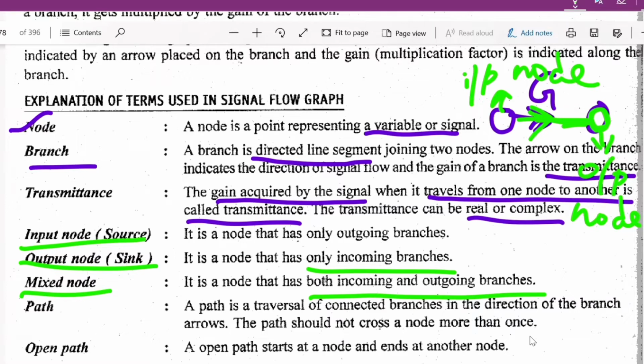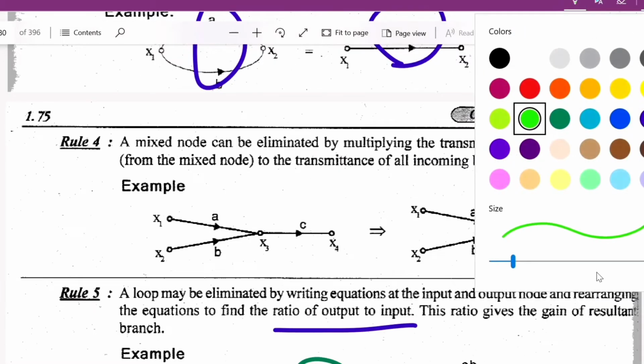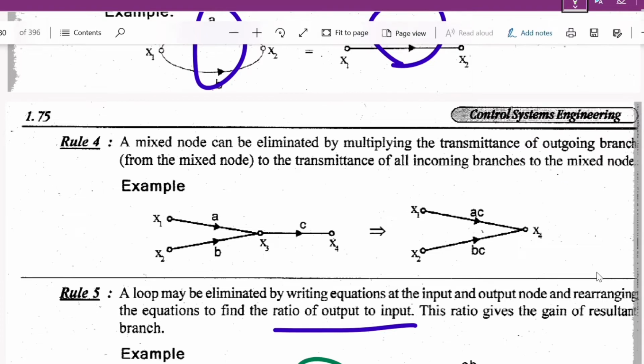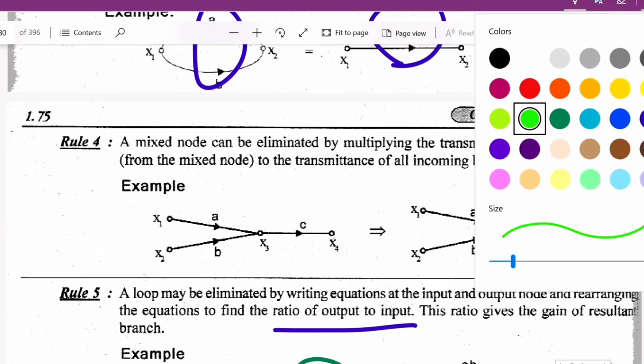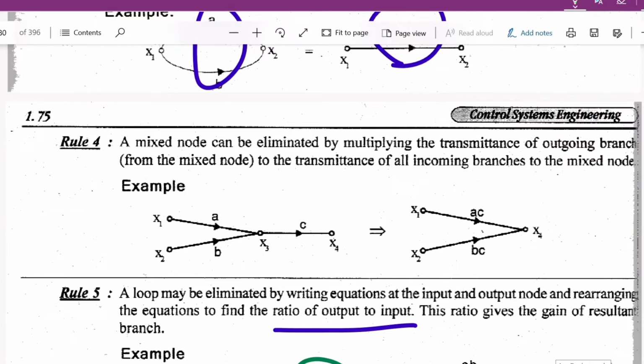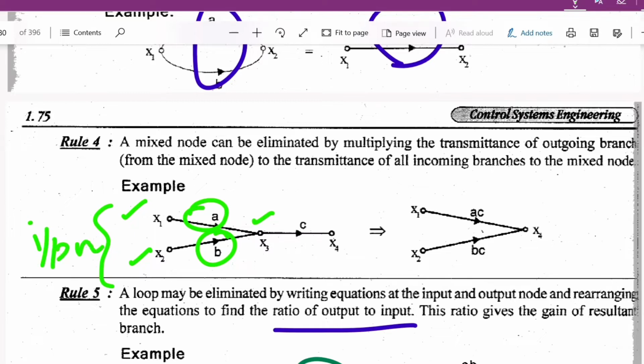We will see it with one example. See here. Here we have nodes x1, x2, x3, x4. See, x1 and x2 have only the outgoing branches, so both are called input nodes.